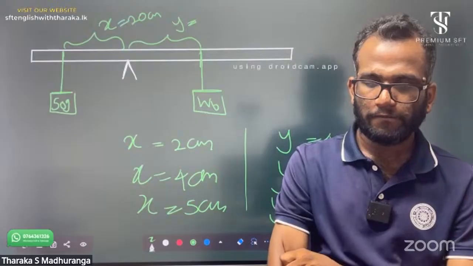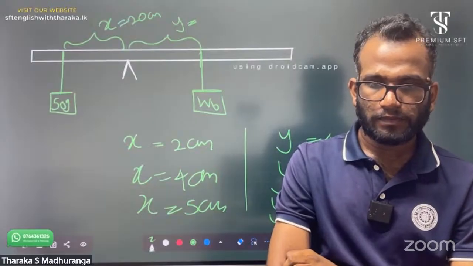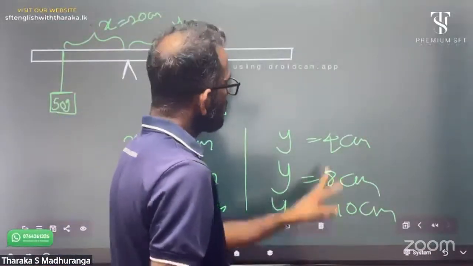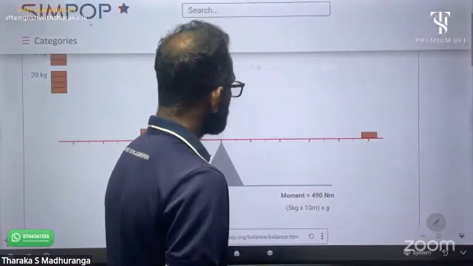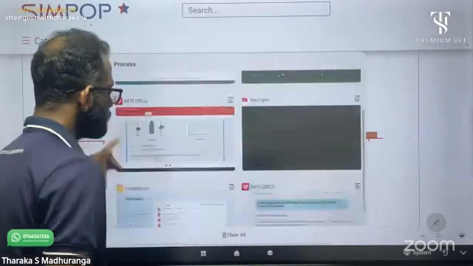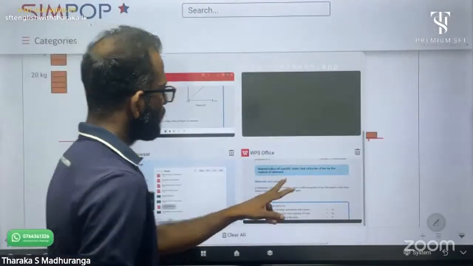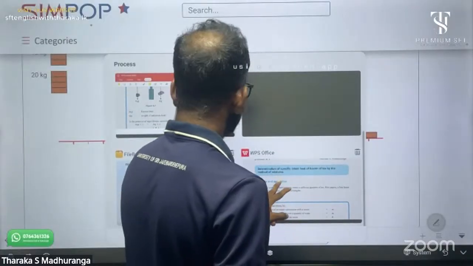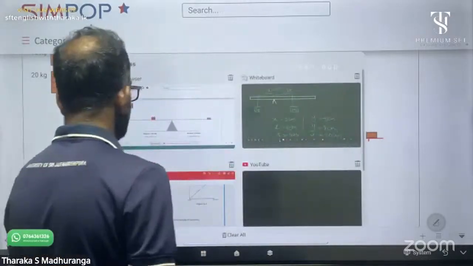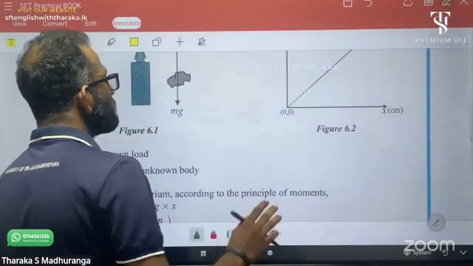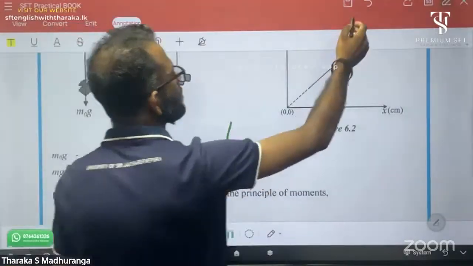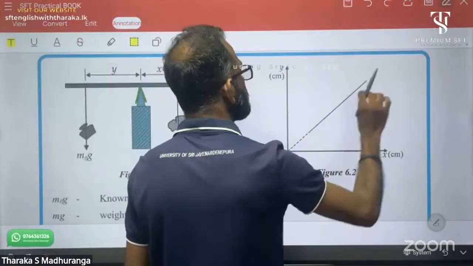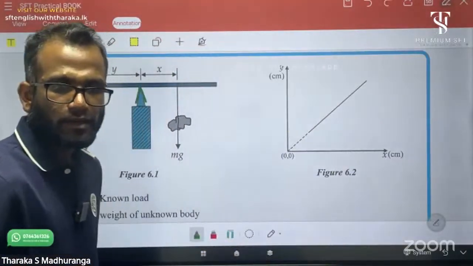Okay, we did it. Now these values obtained from the experiment, I am going to mark on the Cartesian plane.